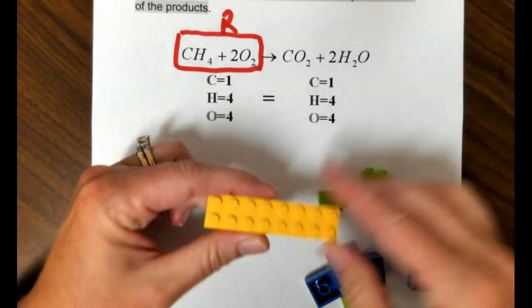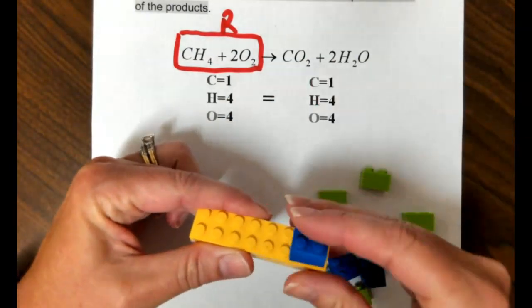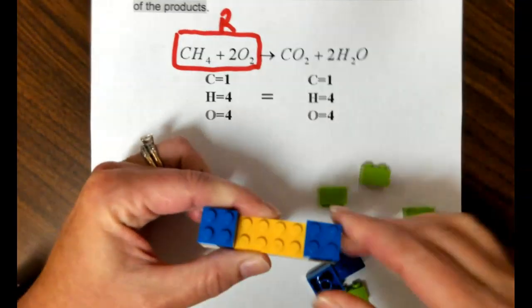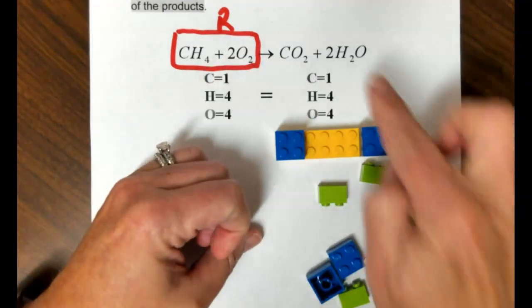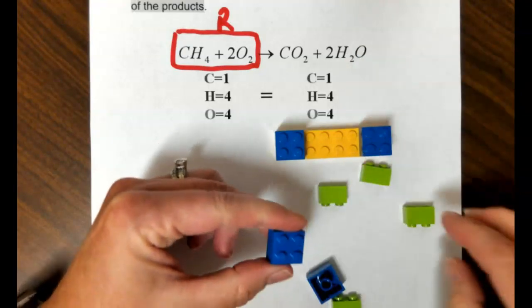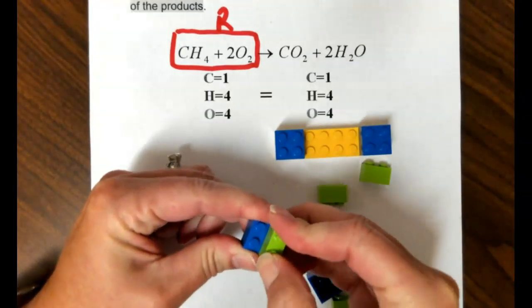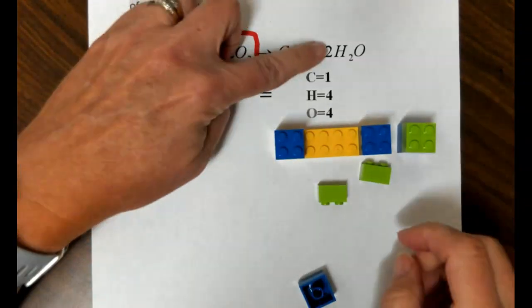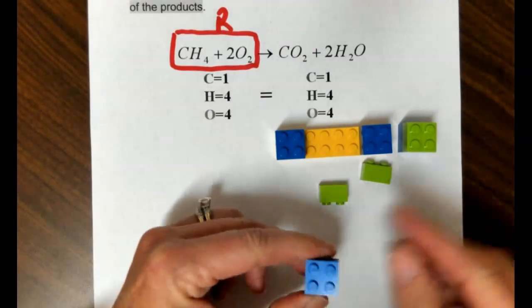So here's my carbon. It takes 2 oxygens. Here's carbon dioxide. Water, H2O, 1 oxygen with 2 hydrogens. Now again I have a 2, so I need to make a second molecule.